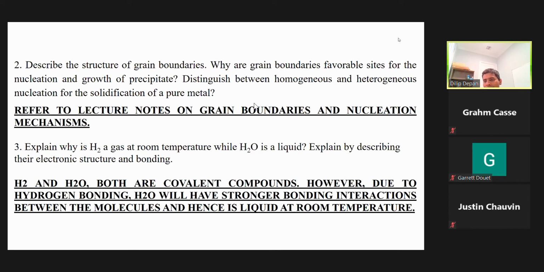So because of this stronger interaction created by the hydrogen bonding, water is liquid at room temperature while hydrogen is a gas at room temperature. So if you can write these keywords, a clear explanation of what you know about these types of questions, you will be entitled to full credit.